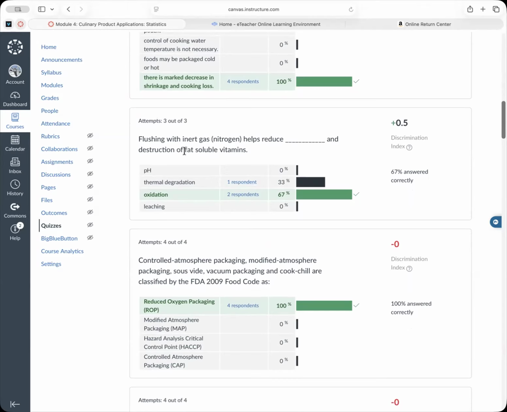So I brought this one up because this is fat soluble vitamins, and this is really addressing nutrient retention. We know that with polyunsaturated fats like vegetable oils, we have to control the amount of oxygen, otherwise it'll turn rancid.